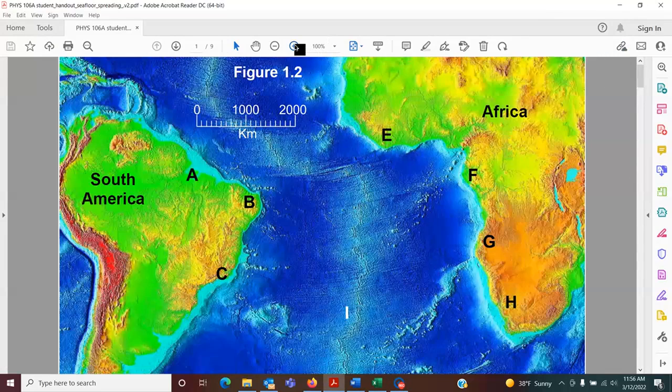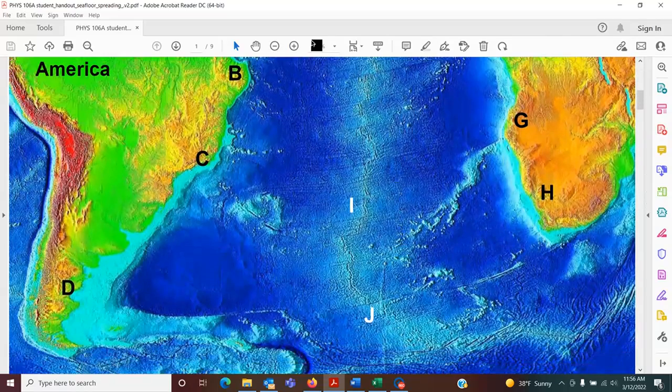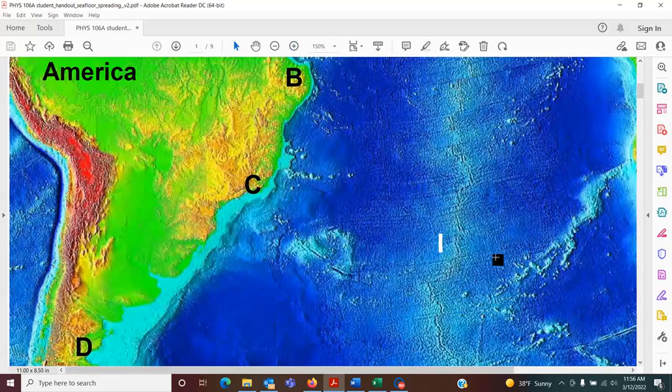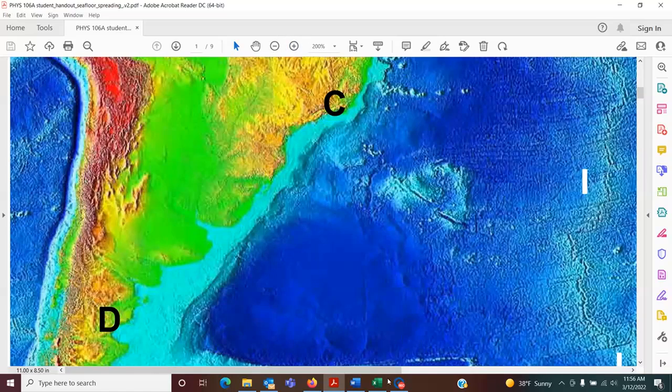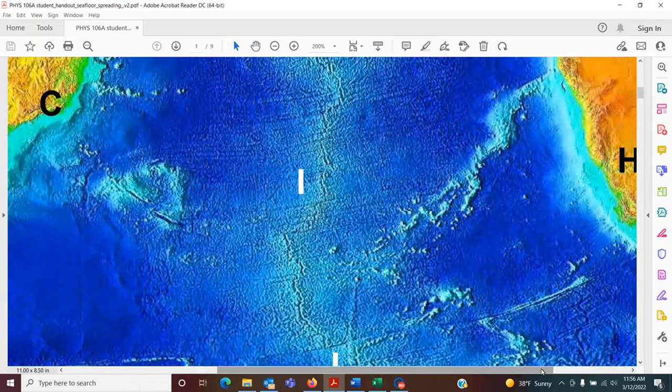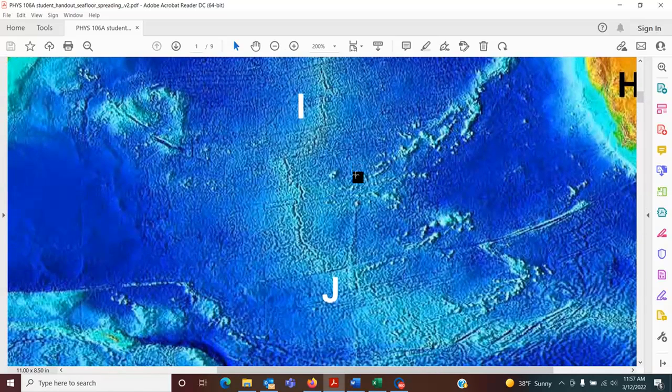So I can zoom way in and make observations about the area around I and J. PDF is good like that. Your printer might not give you the best resolution anyway. So use this to answer those questions.